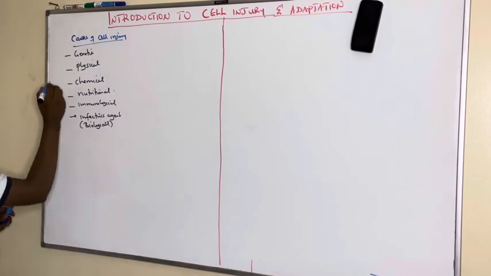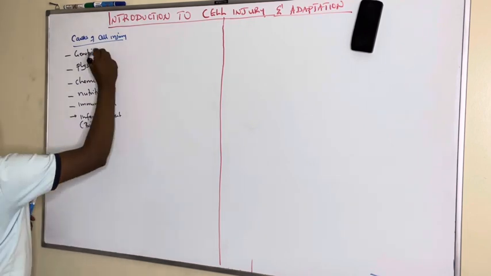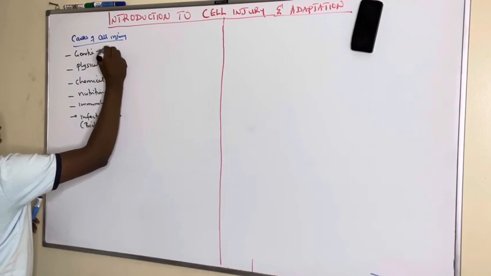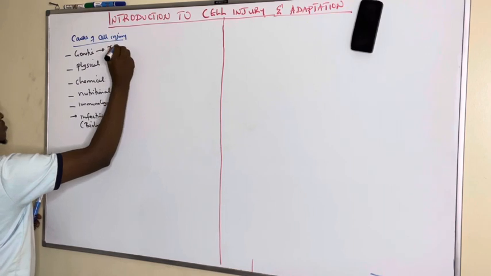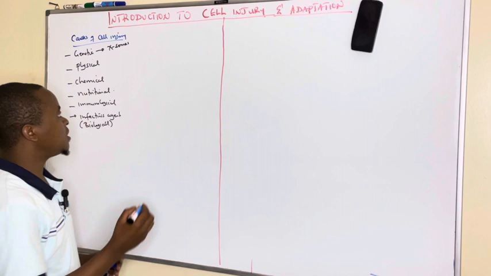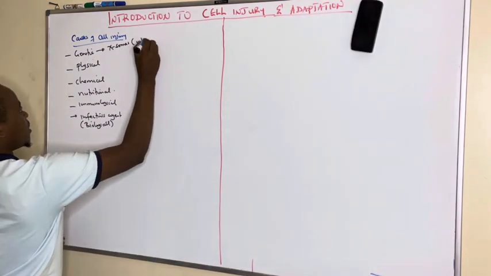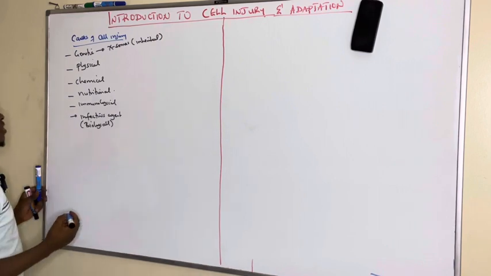So these are the major causes of cell injury, whereby genetic is due to change. This one can be due to mutation or change in the chromosome, leading to inherited disorders. And these inherited disorders can exert stress to the injury.